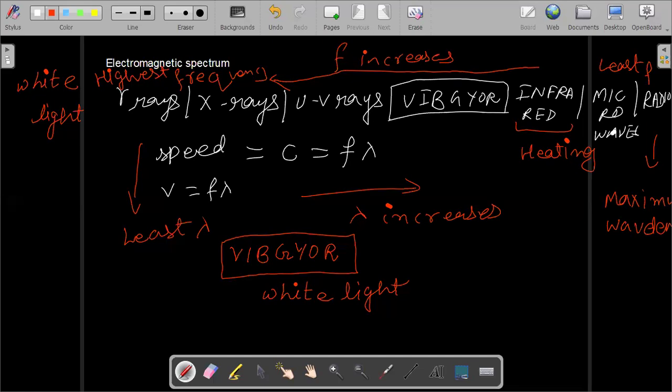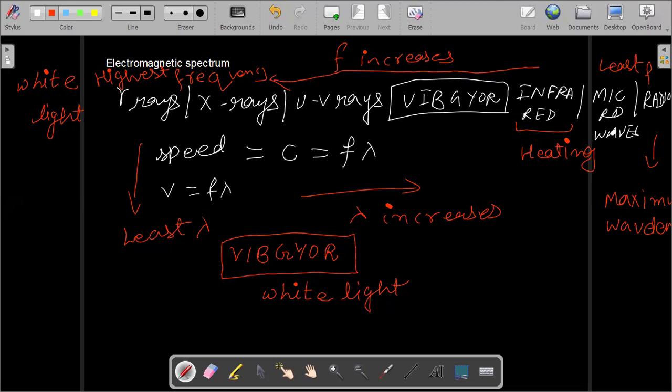Radio waves will have the highest frequency. Okay. See, that is why I tell you to keep your camera on so that you will be concentrating here.